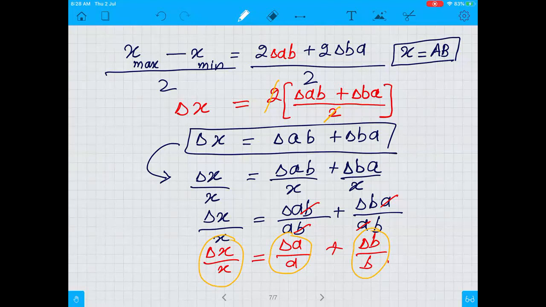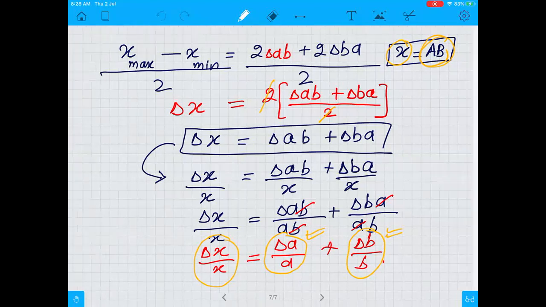So if you multiply a and b, you'll get x. However, if you add the fractional uncertainty of a and the fractional uncertainty of b, then you'll get the fractional uncertainty of the answer. So we need to write this in words.